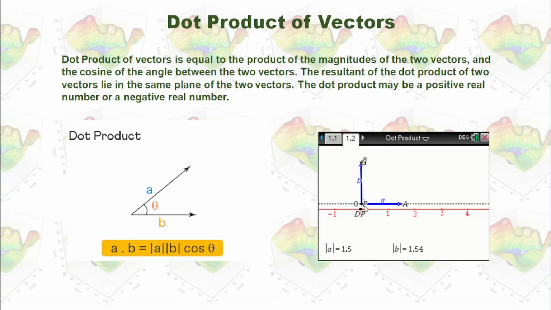And when the angle theta is an obtuse angle, the dot product of those two vectors will be negative. That's why we can tell how similar vector A and vector B are by calculating the dot product between those two vectors.